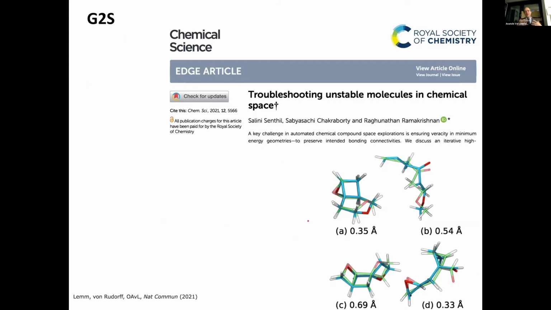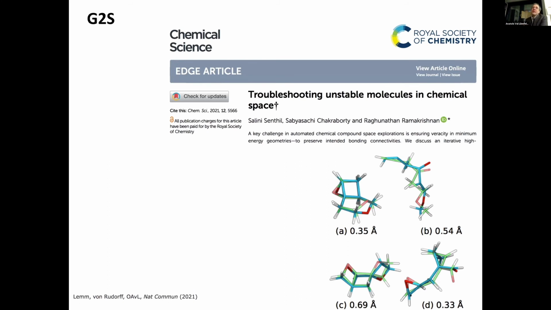Now, when we published QM9, there was a whole set of molecules, roughly 1,000 or 3,000 molecules or so, for which the common geometry relaxation algorithms and quantum codes would not work. These systems would not converge, even though their chemical graph looked very reasonable.